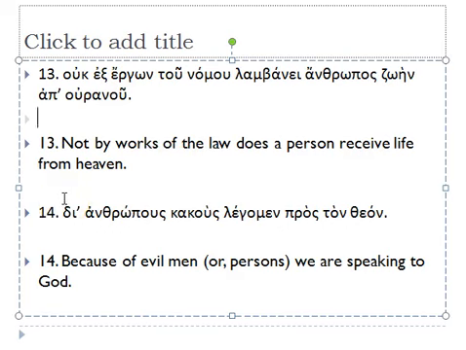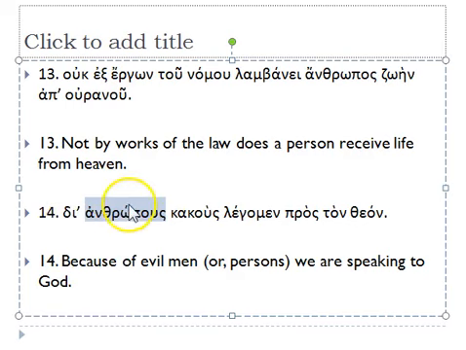Then, last of this set, dia anthropous kakous, legomen pros ton theon. Just start here with legomen. Lego, I speak. Legomen, we speak. We speak pros ton theon. Simple prepositional phrase, we speak to God. Dia, followed by an object in the accusative case, means on account of or because of.